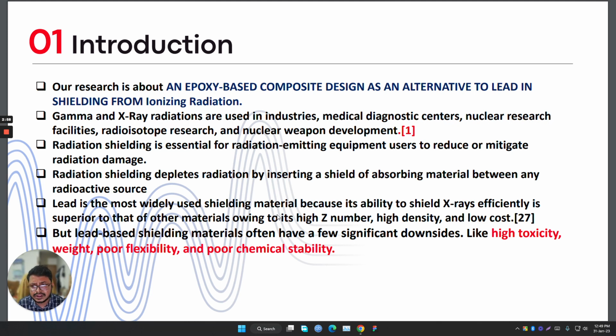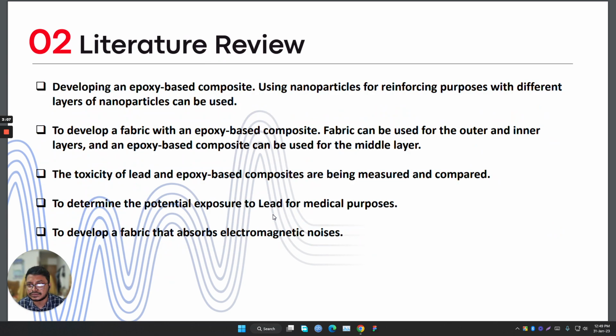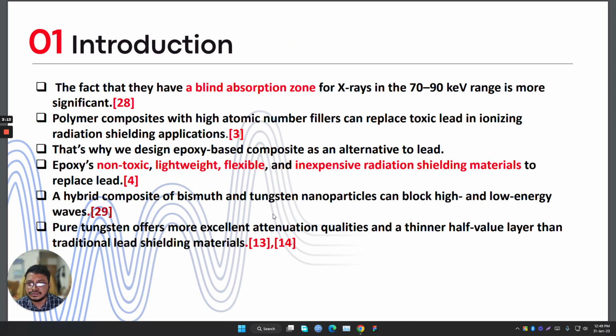For example, it has high toxicity, weight, poor flexibility, and poor chemical stability. Another reason is that they have a blind absorption zone for X-ray in the 70 to 90 kilovolt range, which is more significant.